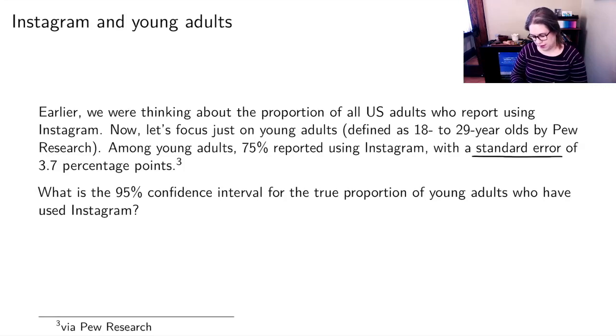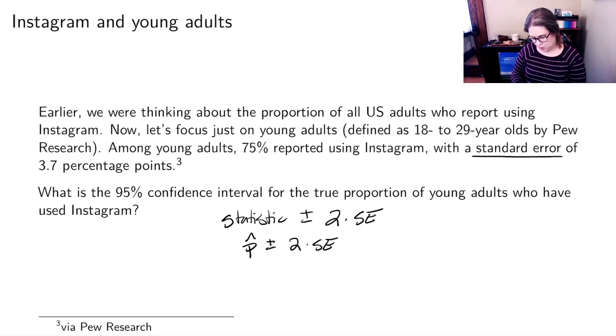So this is the standard error, not the margin of error. And so now we have to think about how we could make a 95% confidence interval for the true proportion of young adults who have used Instagram. So we're going to have the statistic plus or minus 2 times the standard error. In this case, our statistic is p hat. And let's see, what is p hat?